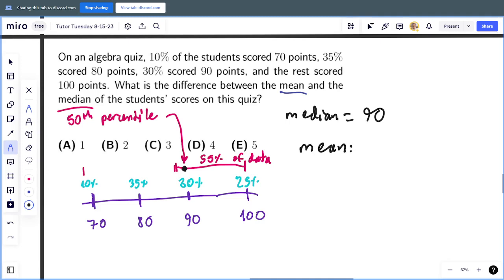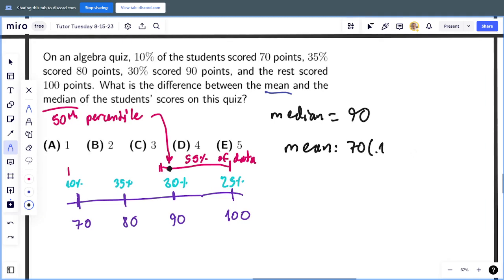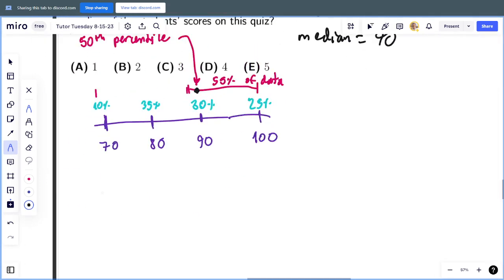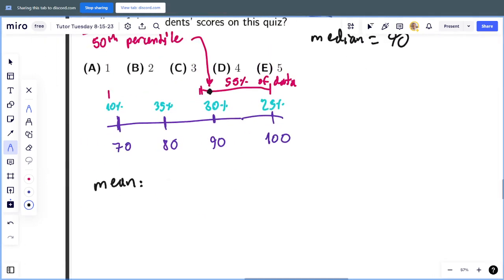For the mean, that's going to be a weighted average. So to calculate that, we would need to take the people that scored a 70 and weigh it against that 10%. I'm not going to have space here. Okay, so median is 90. For the mean, we would take the score of 70, weigh that against the 10%.